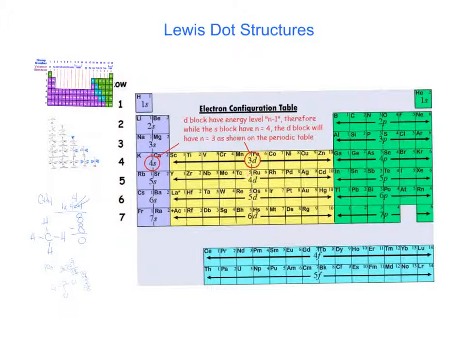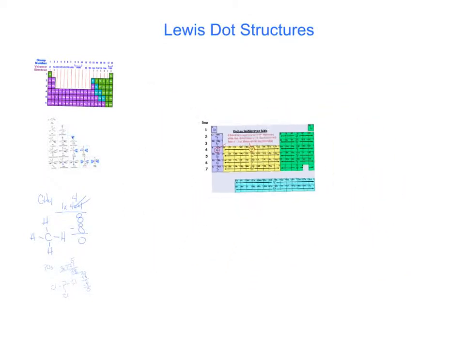The d orbital has to be accessible to make more than 8 electrons around the central atom. So nothing from the 2nd row can be used as your central atom to make an expanded octet. Fluorine, oxygen, nitrogen, carbon cannot be used in an expanded octet. Once you get into phosphorus, silicon, sulfur, chlorine, bromine, iodine, you get a lot with iodine, also xenon, those can be used, okay? So I just want to remind you of that sort of rule.